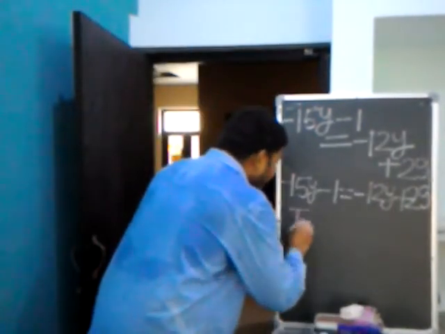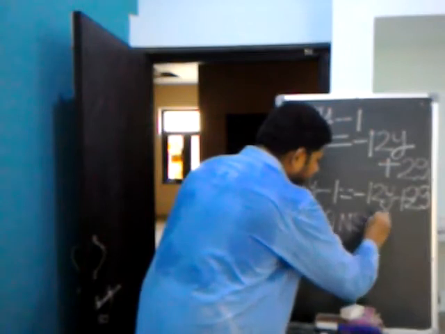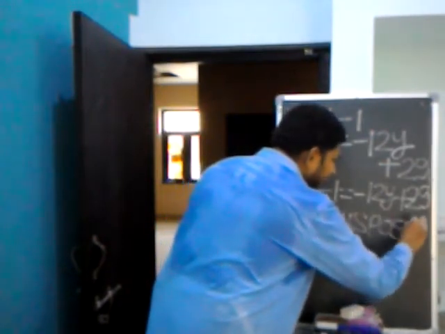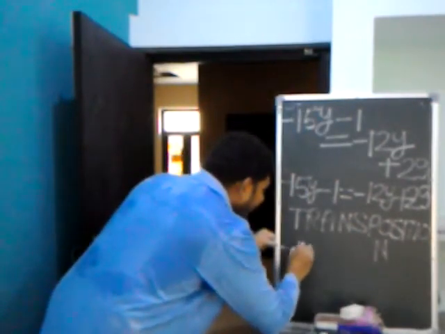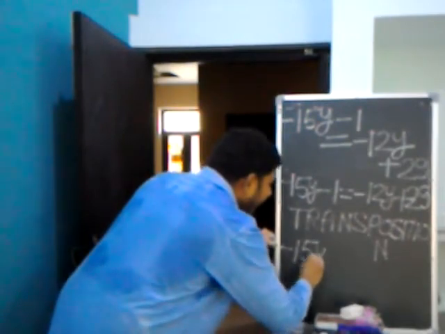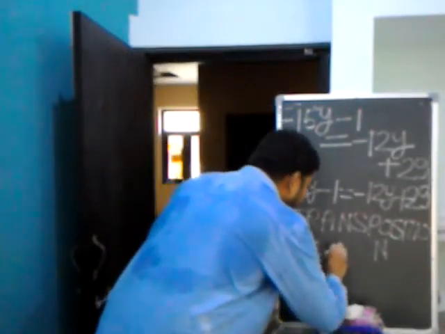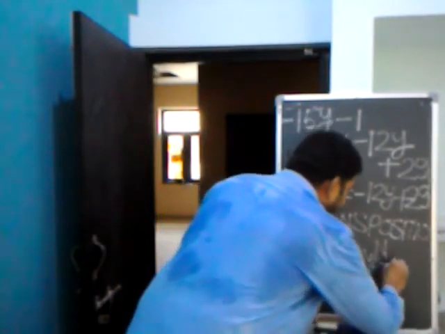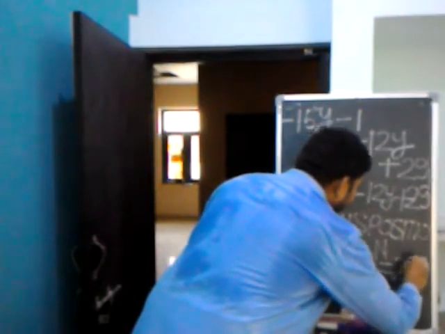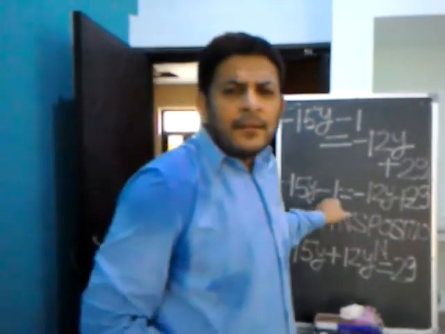I write down transposition. Minus 15y, and 12y has a negative sign, it will convert to the positive sign, so plus 12y is equal to 29, and 1 had a negative sign, it will go to this side and become plus 1.